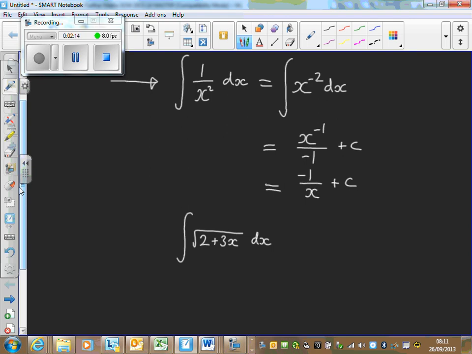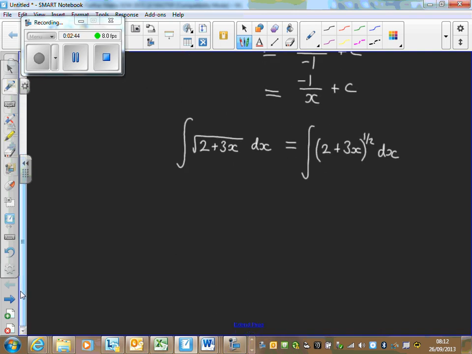Now, first step, well, square root, we can't multiply out any square roots. We've got a bit of fiddliness here. My first step might be to write it using powers. So (2 plus 3x) to the power of a half dx. Now this poses a problem because we cannot multiply out the brackets when there's a half or when there is a minus 1 or minus 2.